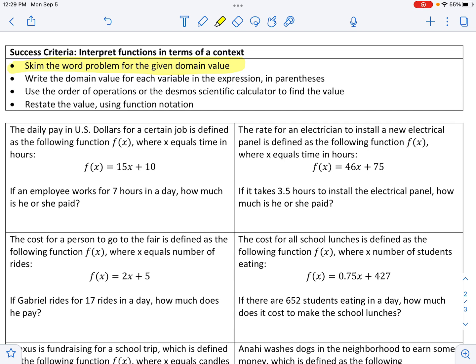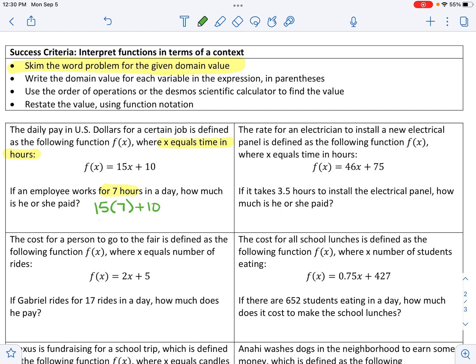So the daily pay in US dollars for a certain job is defined as the following function f of x, where x equals the time in hours. So f of x is equal to 15x plus 10. If an employee works for 7 hours, because this is the x equals the time in hours, all I'm going to do is replace 15, put the 7 in for the x, and then use Desmos.